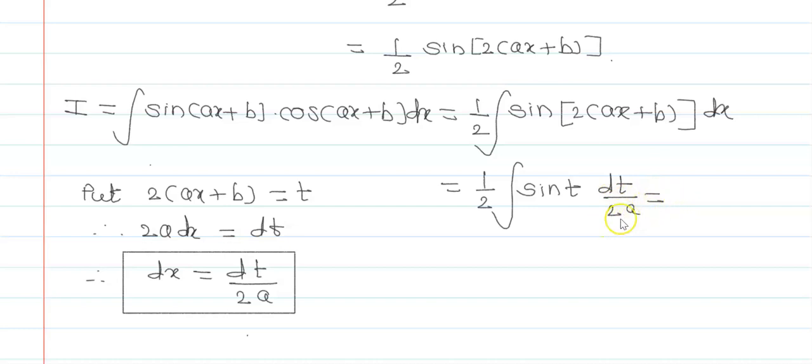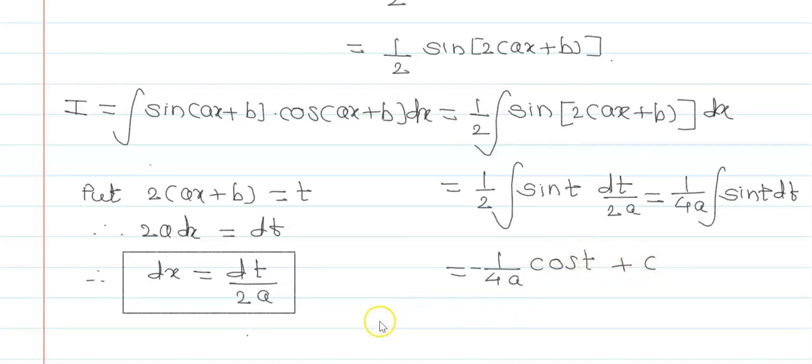Overall, this integral can be written as 1 upon 2 into 2a, that is 4a, integral of sine t into dt, and this equals 1 upon 4a into minus cos of t plus c.